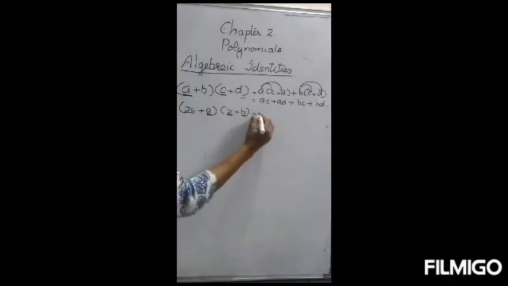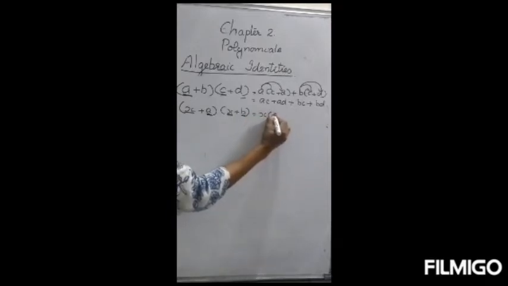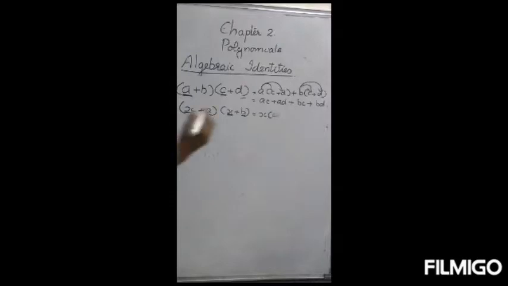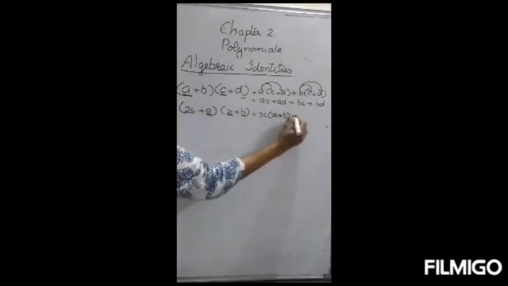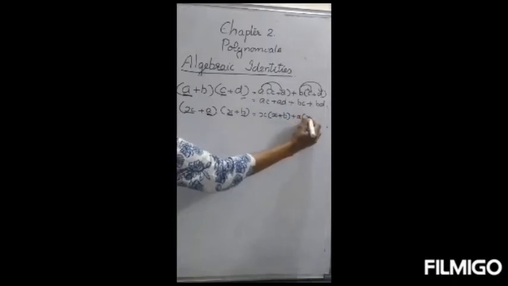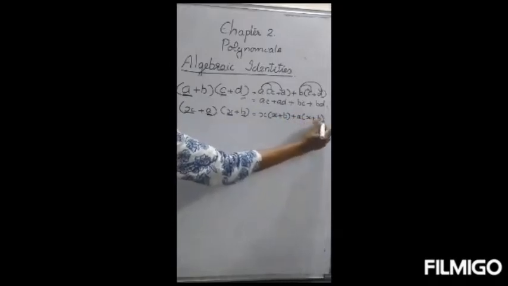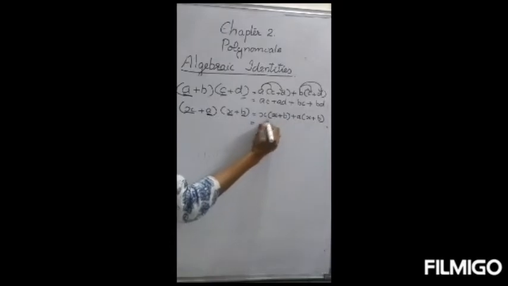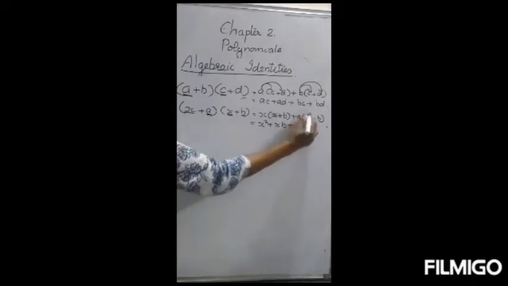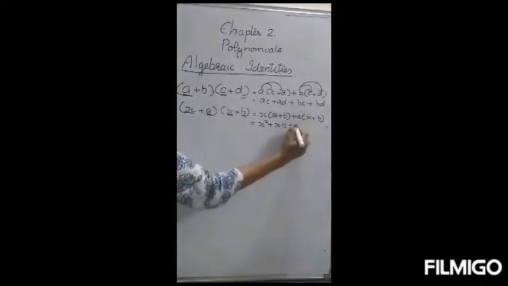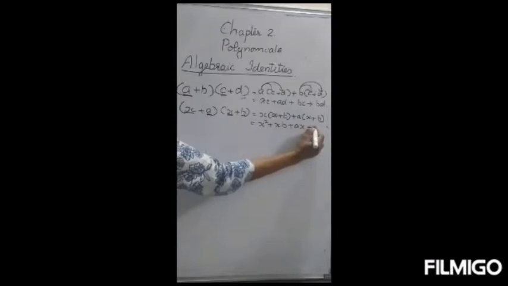That is x(x + b) + a(x + b). That is x into x is x², plus xb, plus ax, plus ab.